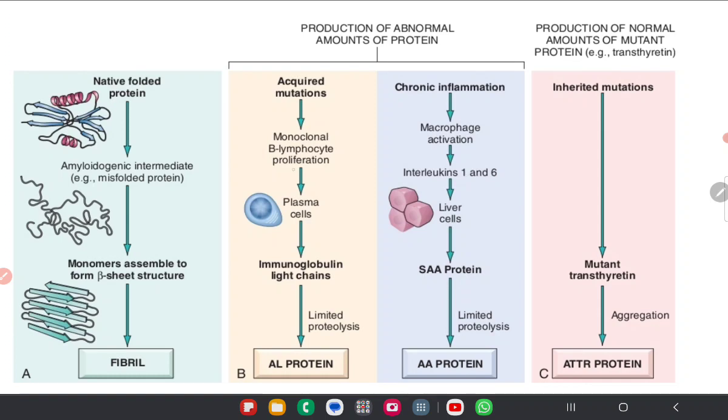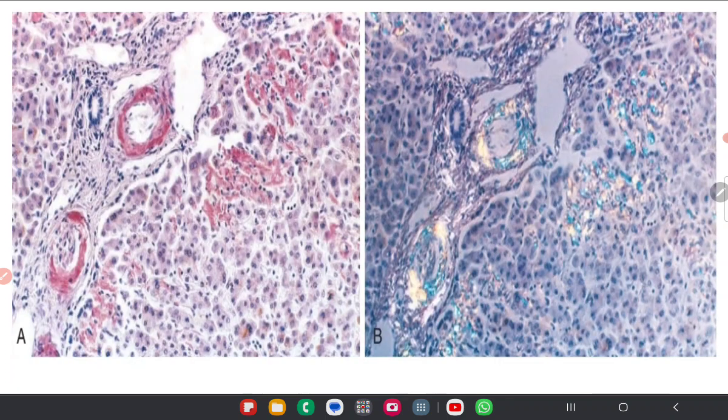B lymphoid proliferation leads to formation of AL proteins. Generally plasma cells form antibodies. If there is a defect in the plasma proteins, it leads to AL amyloidosis. Inherited mutations: mutant transthyretin. Transthyretin is a protein which transports thyroxine as well as retinol, which leads to ATTR accumulation.